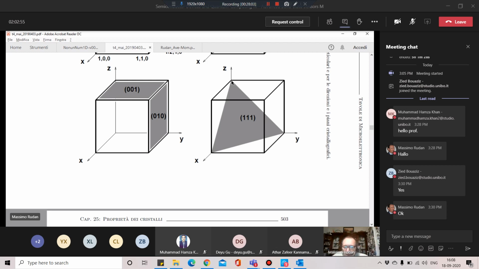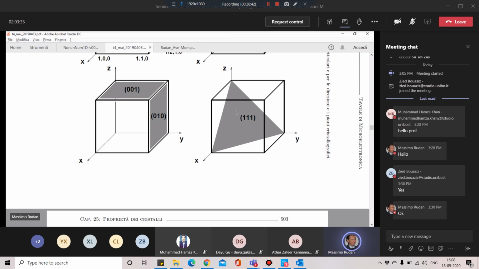Now, assume that you rotate this triangle along this line, okay? So that this vertex goes up and intersects the z-axis at a position equal to 2, okay? Obviously, the indices will be 1, 1, 2, because the index on the x and y axis did not change, and the other one has gone upwards, okay?